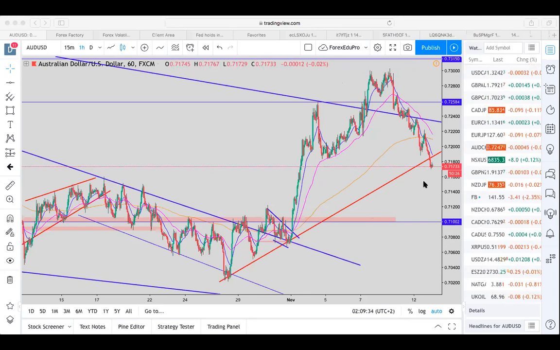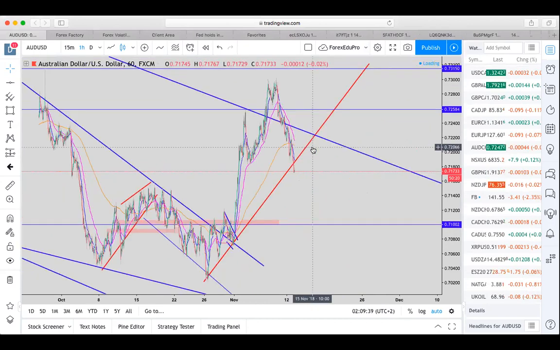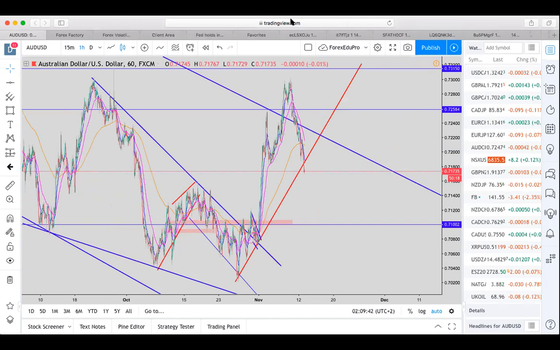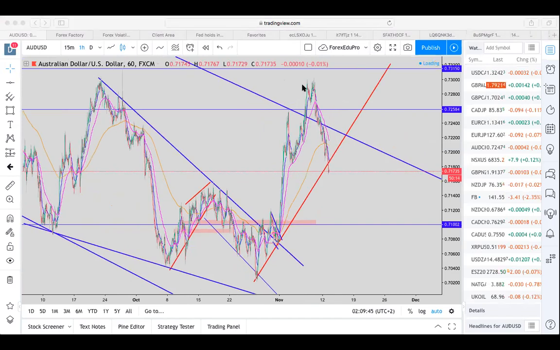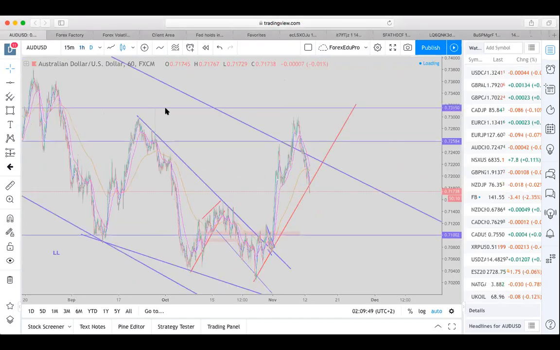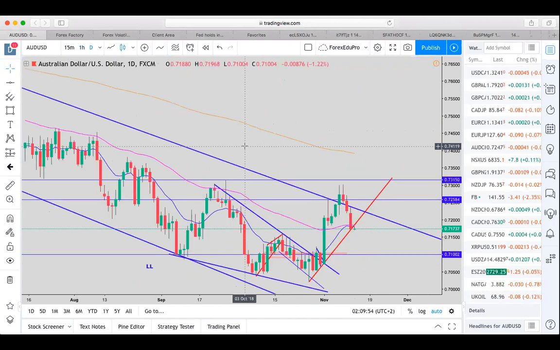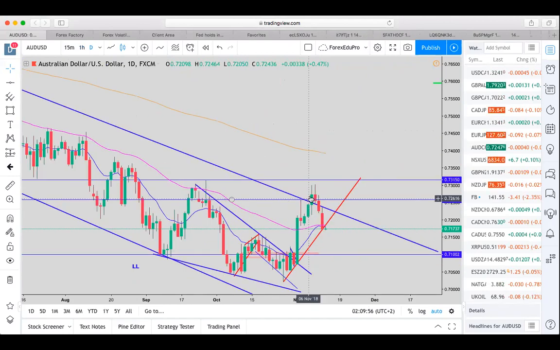I'm looking for a buy right now on the AUD USD. Okay. So before we can assess a buy, what we have to understand is to look at the daily structure. From a daily perspective, we've had a false break. Higher time frame serves more precedence.